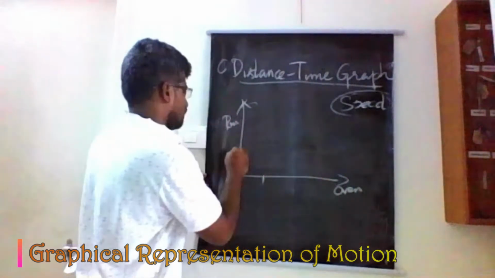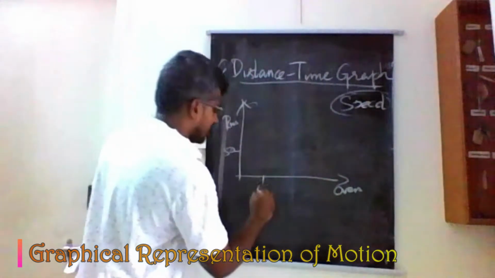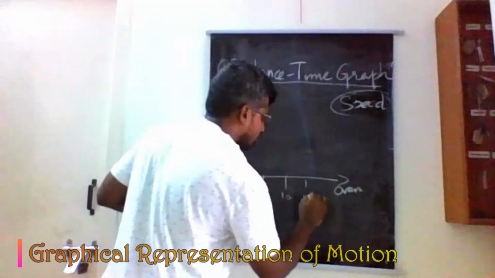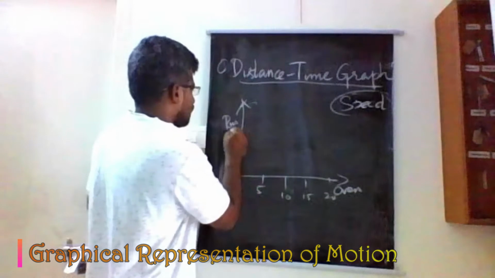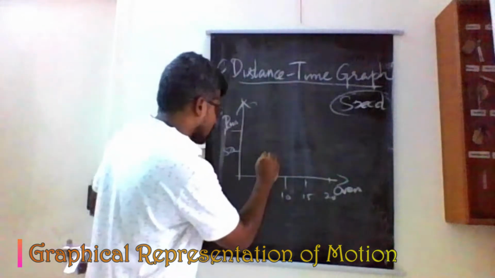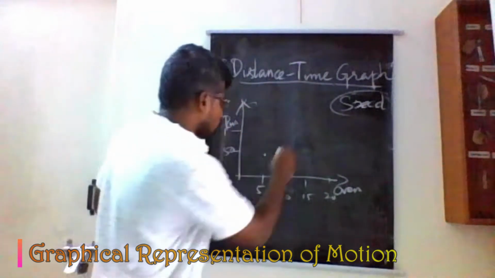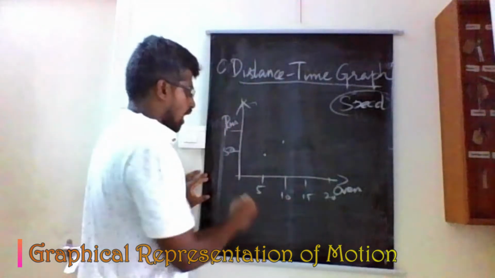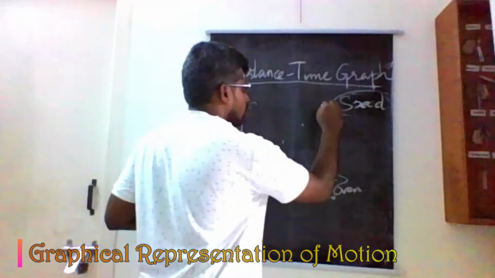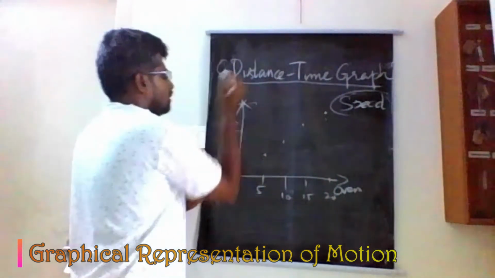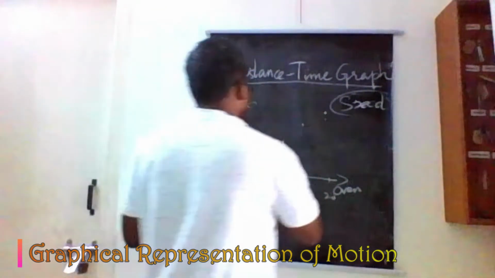Let us take 5, 10, 15, 20 overs in a 20 over match. In 5 overs, they got 50 runs. In 10 overs, they got 100 runs. In 15 overs, they got 150 runs. And in 20 overs, they got 200 runs. So what is the run rate?